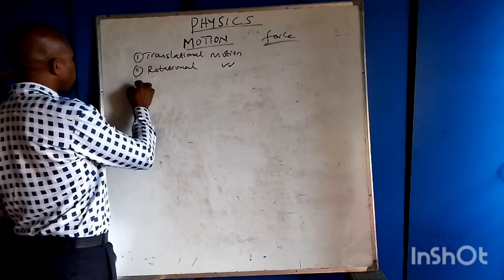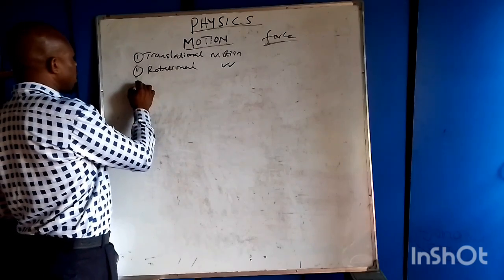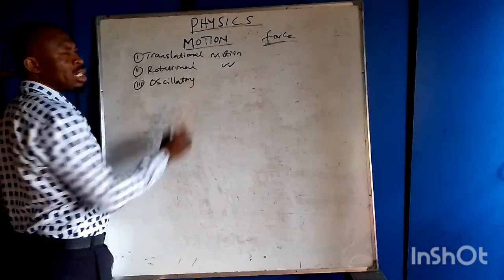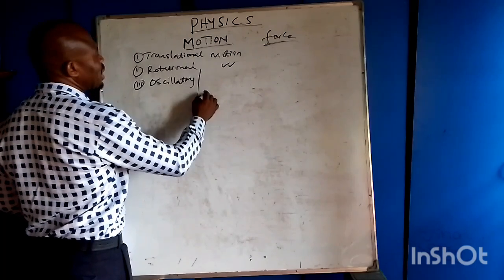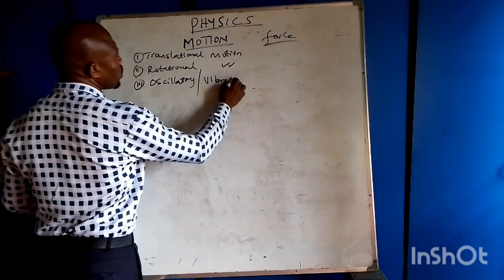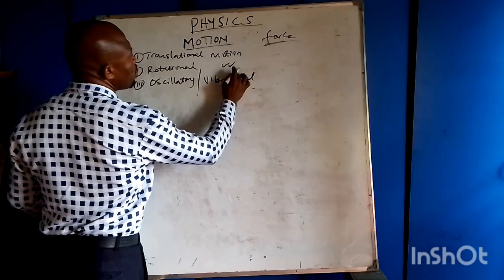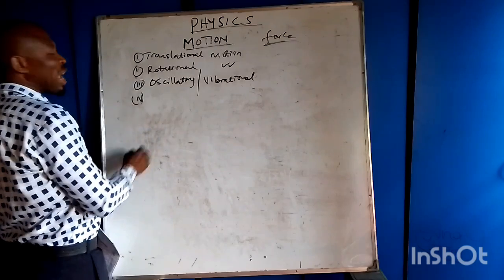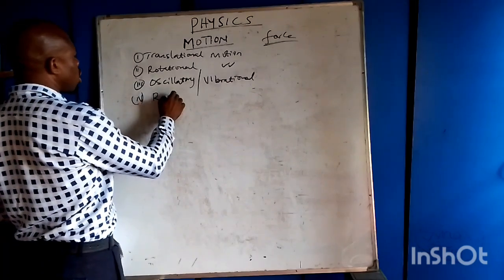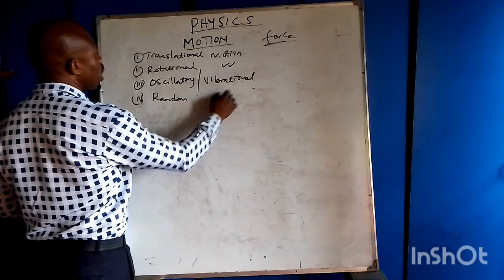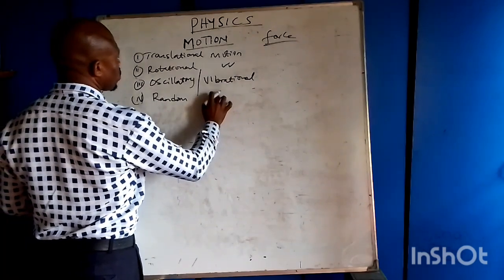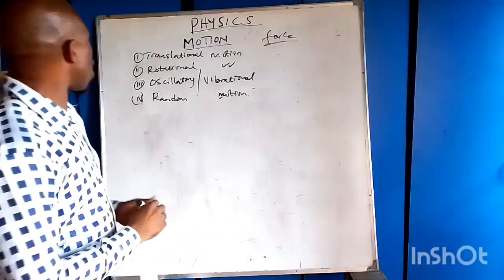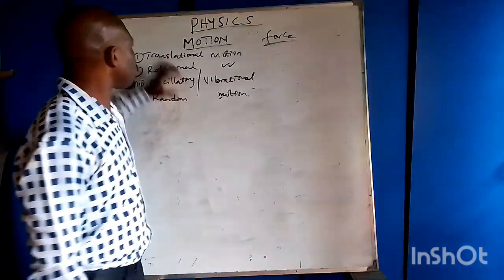The third one is oscillatory motion, or we can call it vibrational motion. The fourth one is random motion. Now we take these concepts one after the other.